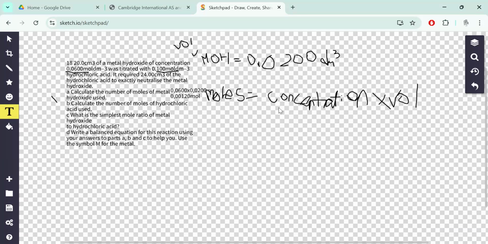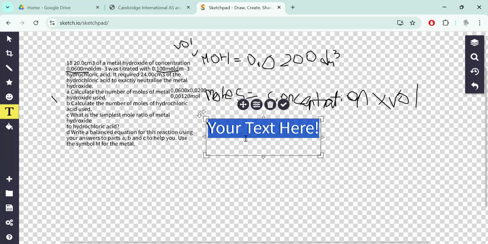And now for question B, we're asked to calculate the number of moles of hydrochloric acid. It basically goes the same for hydrochloric acid: concentration times volume. I'm going to write this down first.